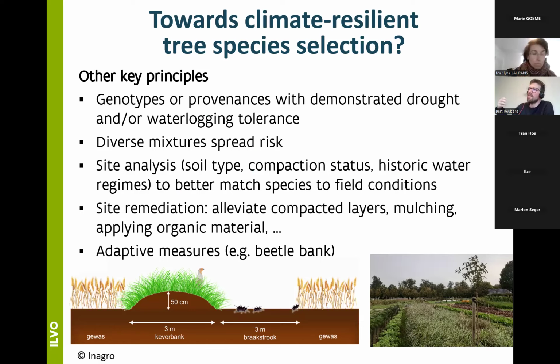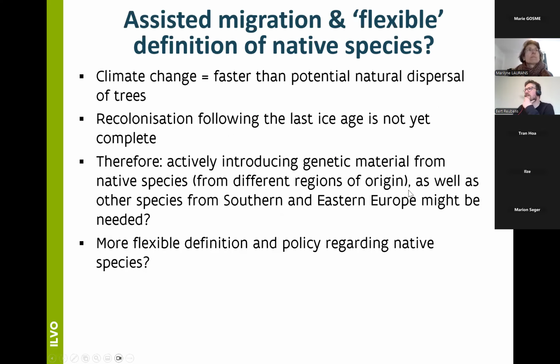How can I alleviate compacted layers on the field? Can I add mulch or apply organic material in another way to reduce evapotranspiration? Maybe beetle banks are an interesting adaptive measure to consider, because by creating a bit of a higher mound on which you can plant the trees, you can maybe already affect a bit the waterlogging situation. So these are adaptive measures you can consider.